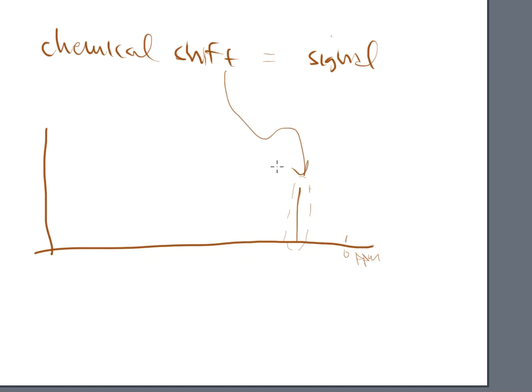So each shift, that's what we call it again, corresponds to how far the shift is from the reference signal. So there's going to be a value or a number down here at the bottom. These values are in regards to how far away it is from the signal of the standard, which is TMS. And again, these values are going to be in ppm.